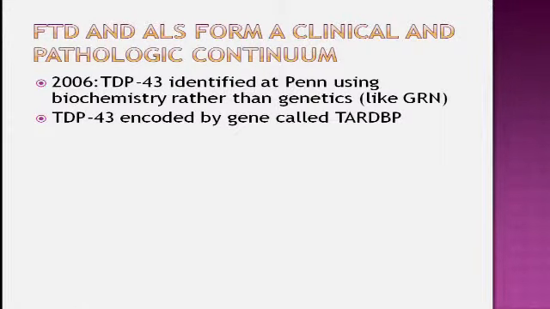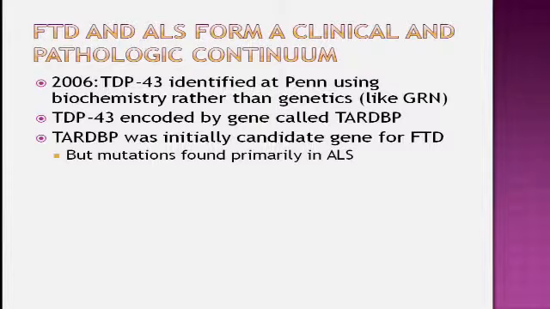So TDP43 is encoded by a gene called TARDBP, which is a mouthful, so I'm just going to call it TAR or TDP43. And TAR was initially a candidate gene for FTD because it's associated with cases that have TDP43 pathology. But actually, primarily, mutations in TDP43 were found in ALS rather than FTD.